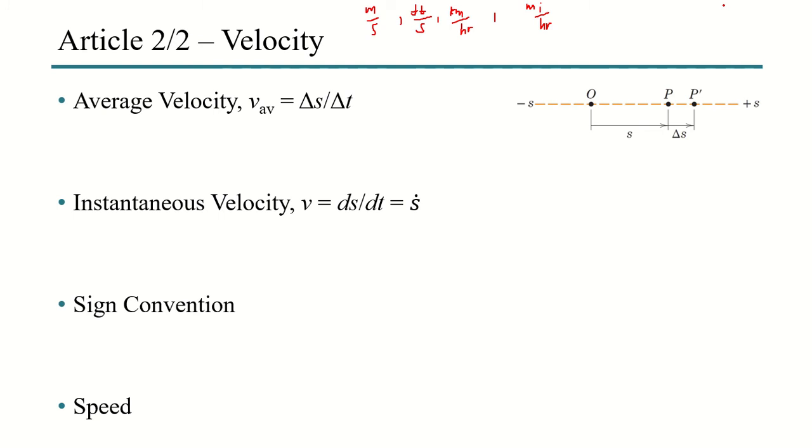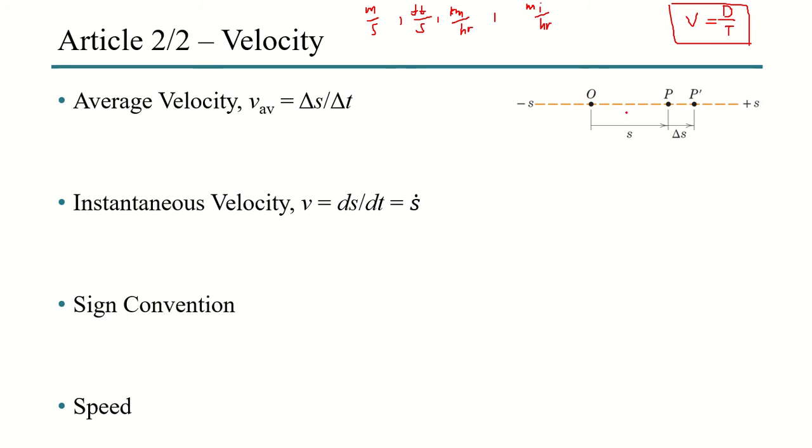When you speak of velocity, the unit is in terms of distance per unit time. So that is our velocity. So to easily remember, class, this is the basic concept about velocity.